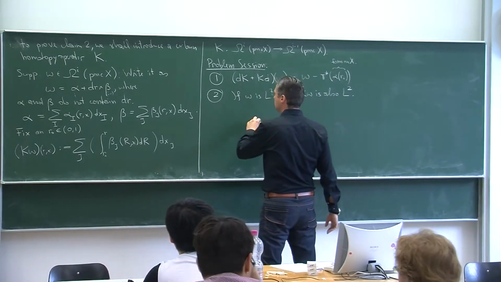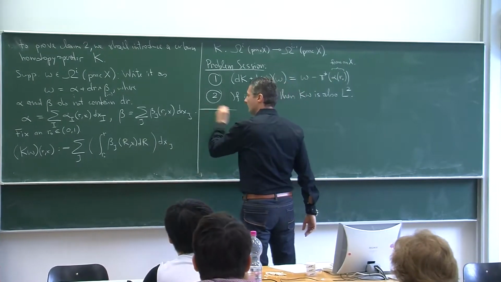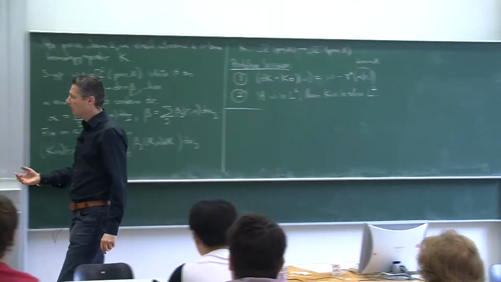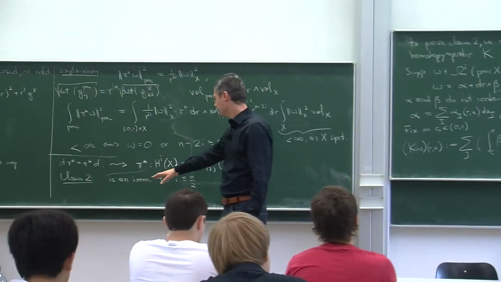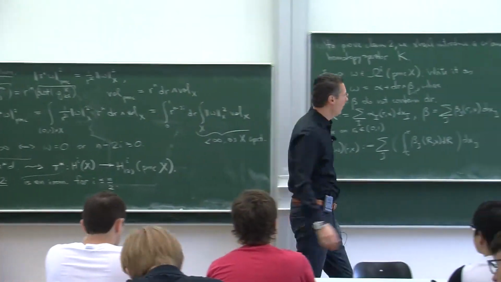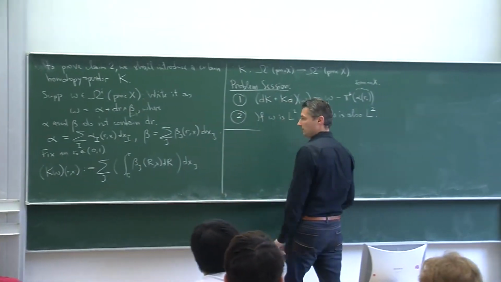So granted this, I can then go ahead now and try and show that this is an isomorphism. So for example, why is pi star surjective?